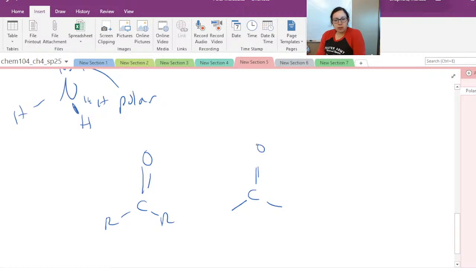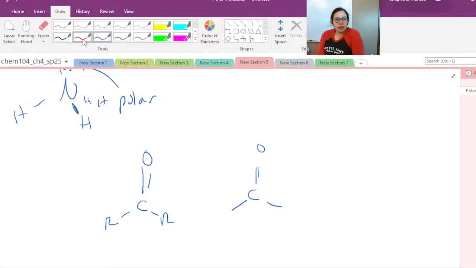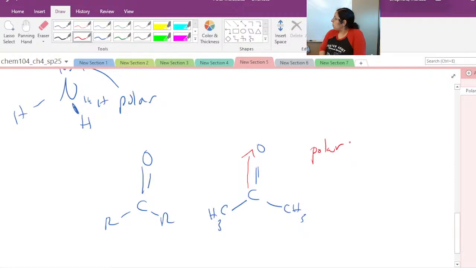Acetone is polar since these are considered nonpolar, just carbon-carbons, CH3, don't forget these little points. We do have oxygen though, so it's electronegative and pulling in that direction. So yes, that would be polar.